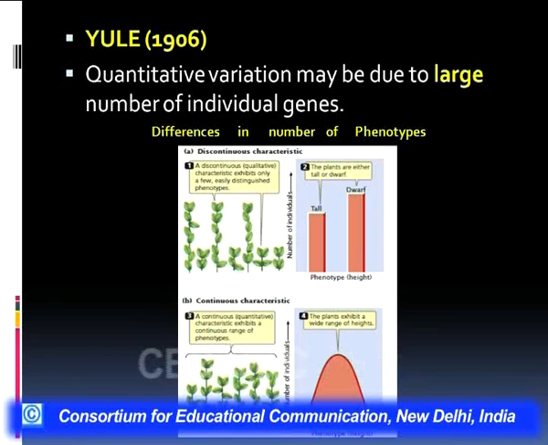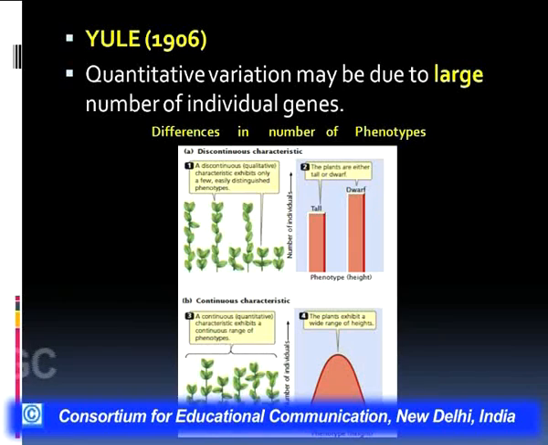like tall and dwarf, and therefore, we have only two phenotypes at the end. Whereas, if we have a continuous characteristic which is a quantitative one, we will have so many intermediate phenotypes: tall, slightly taller, dwarf, slightly smaller, and various intermediate types.